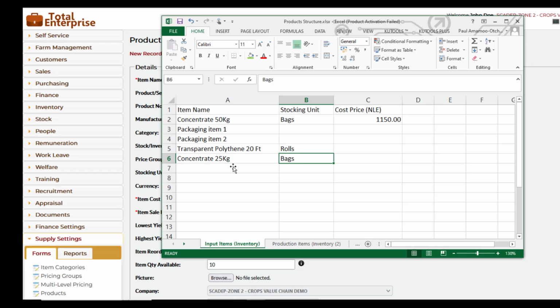They say, okay, how many do you want? That's talking about the stocking unit, the stock keeping unit. And you say, well, I want 10 of them. Are you saying you want 10 kg? Certainly not. You are saying you want 10 bags of the 25 kg. That's what you are saying. So in total, when you buy them, you will have 250 kg.